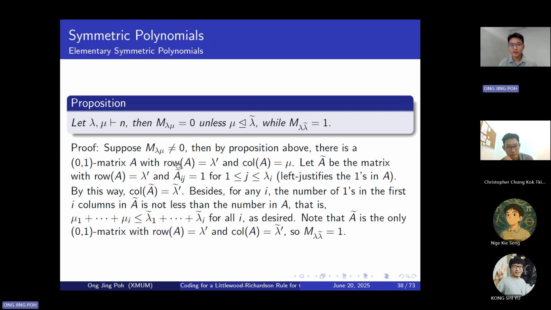And next, here's the proposition. M lambda mu is equal to 0 unless the conjugate of lambda dominates mu. Also, M lambda, conjugate of lambda is always 1.